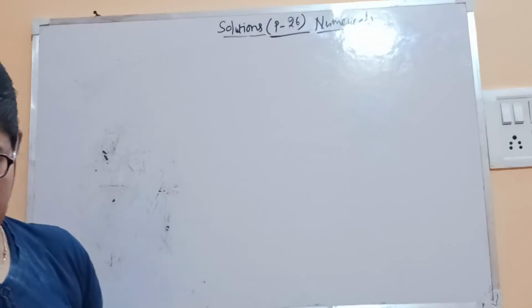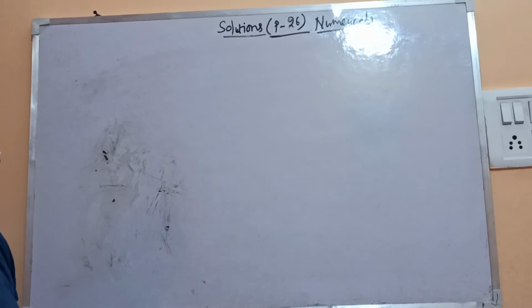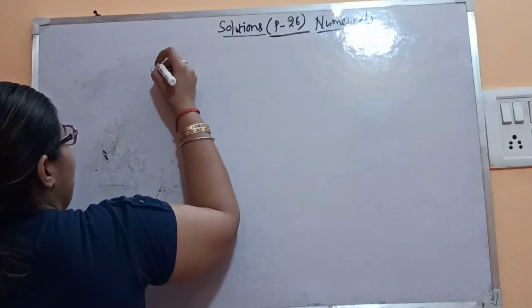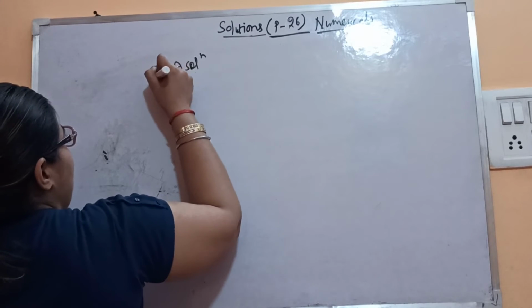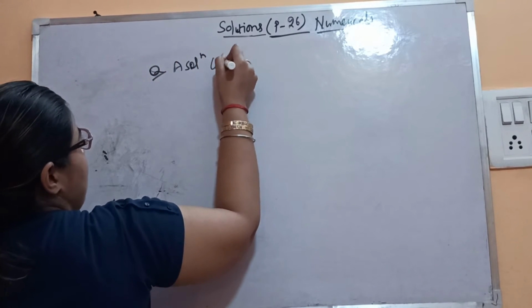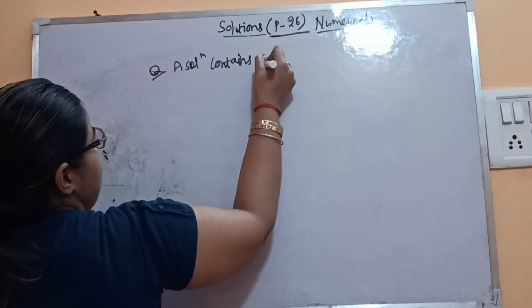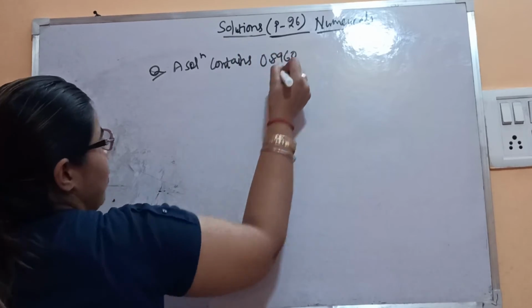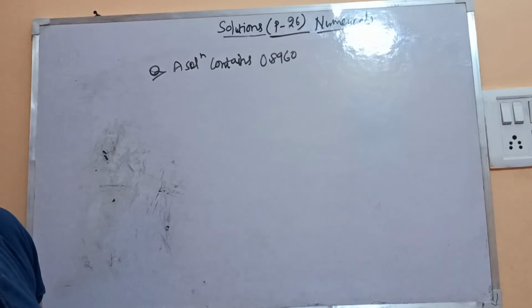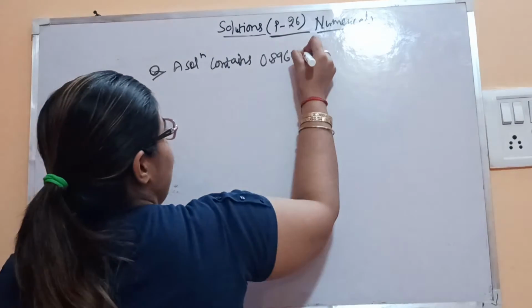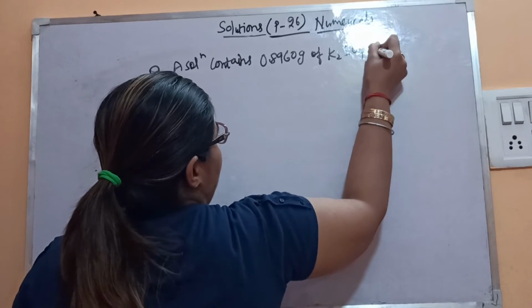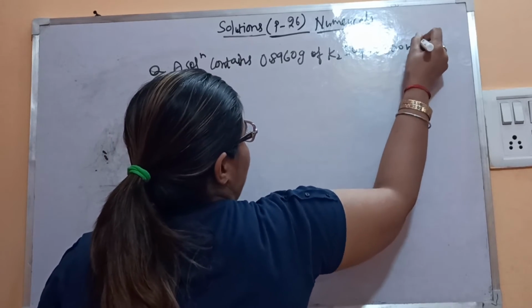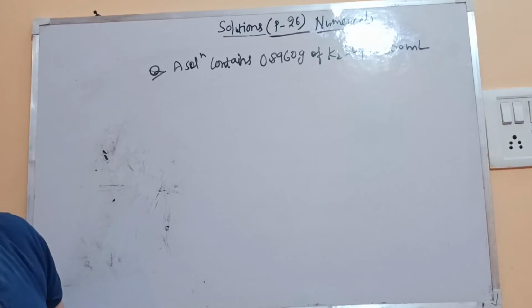A solution contains 0.8960 gram of potassium sulfate in 500 ml.